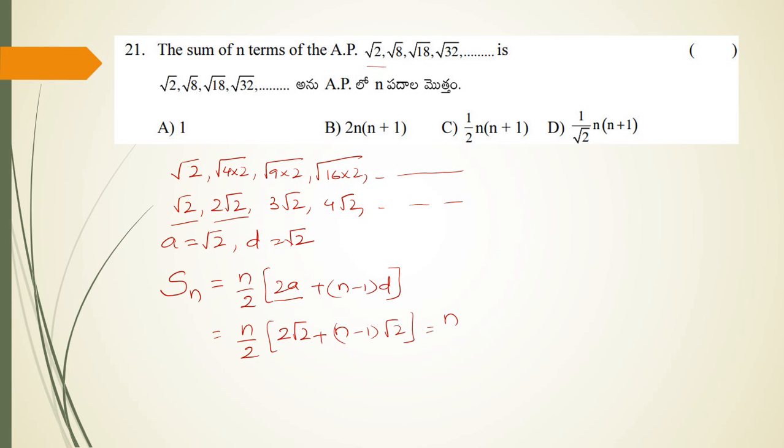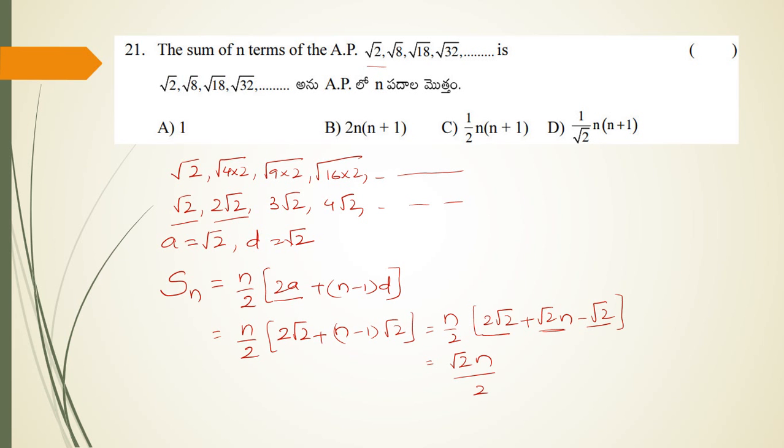So from this, what I am going to get is n by 2 times of 2 root 2 plus, when I multiply root 2 with n, root 2n minus root 2. So 2 root 2 minus root 2 is root 2. So here also I am having root 2, so directly I can take root 2 as common.